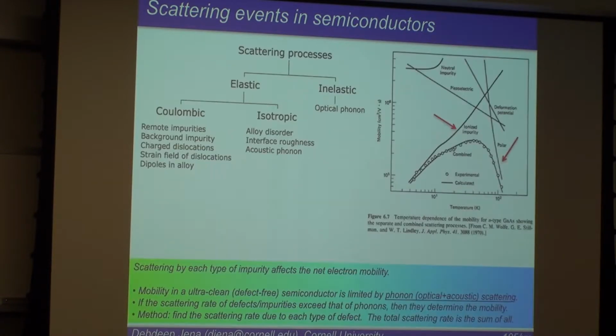Okay, and our goal is to explain something like this, which you are doing also in your assignment. There are experimentally measured mobilities, and we are essentially trying to explain why it has this sort of feature. This is just one example. In many other cases, you have different varieties. What we want to do is understand a few of these things and calculate them quantitatively.